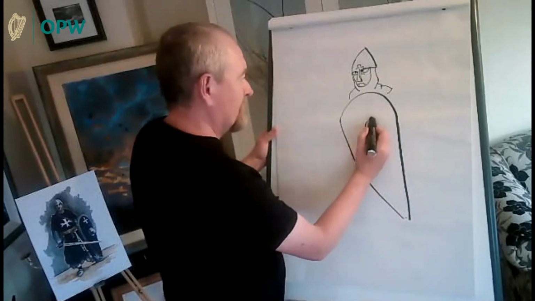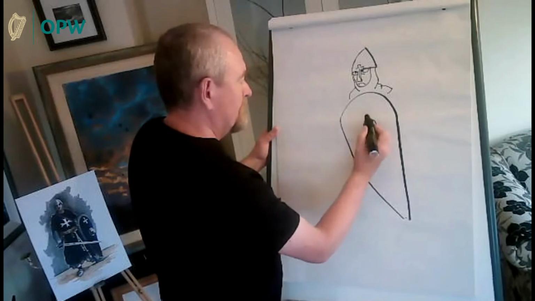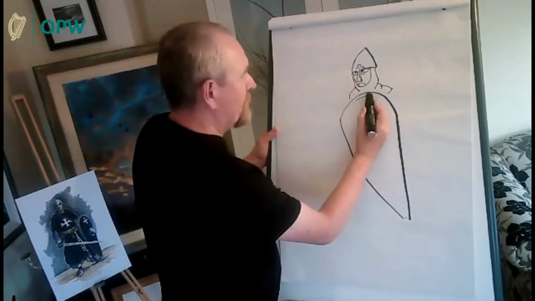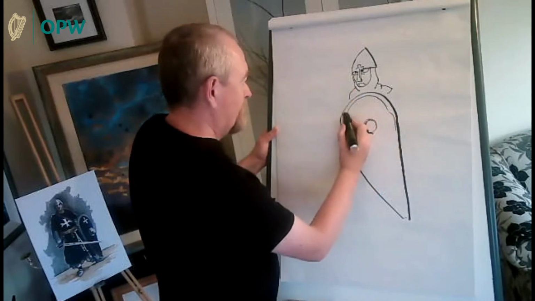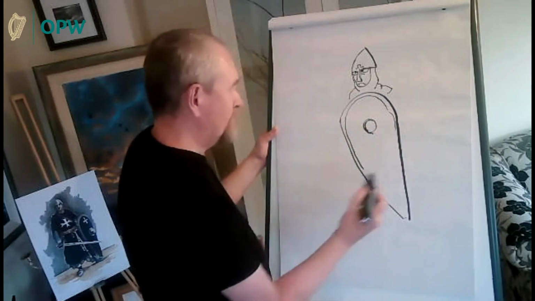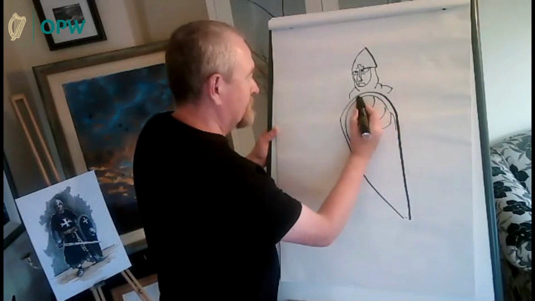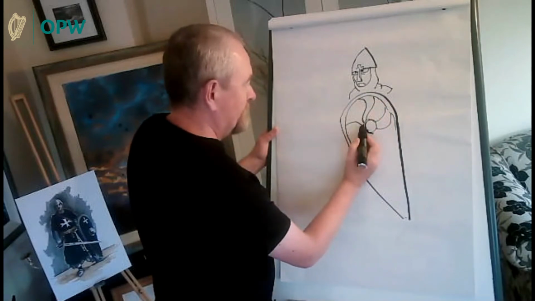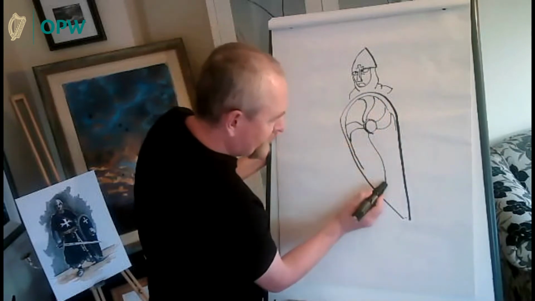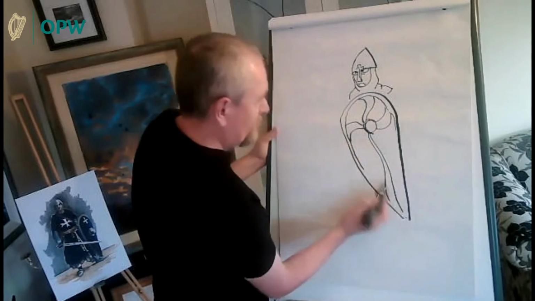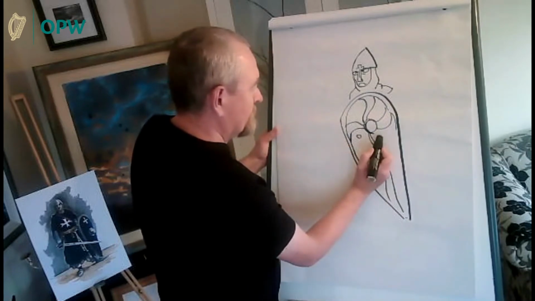Something like that, with a cross in the middle. And you can tell the decorations that were on them by looking at the Bayeux Tapestry. So this would have been a common motif. There would be dots in here.